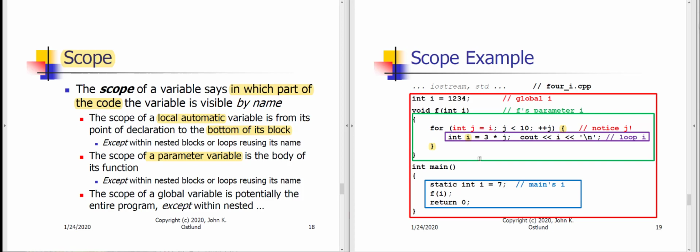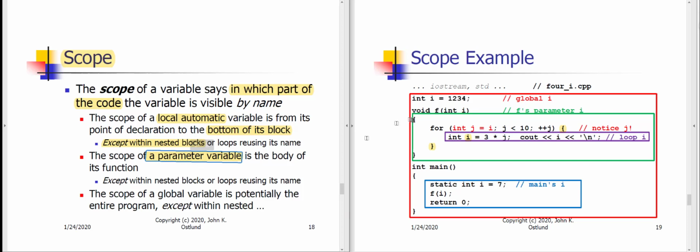That variable i is not going to be visible outside of that block. It is possible to have what are called nested blocks or nested loops that reuse the name of that variable and that create what's called a hole in the scope. We'll see that next when we look at the parameter variable scope.